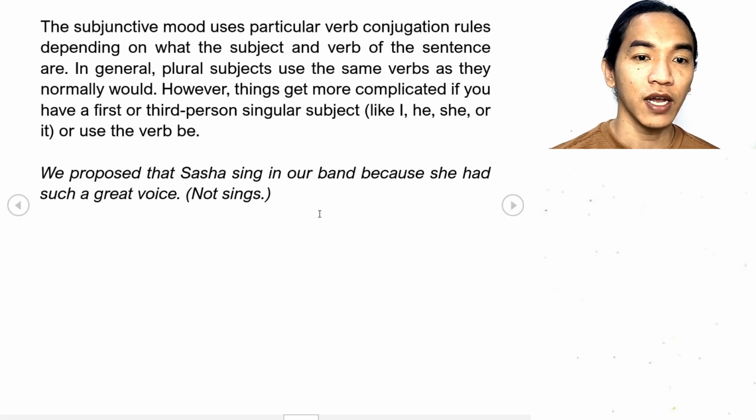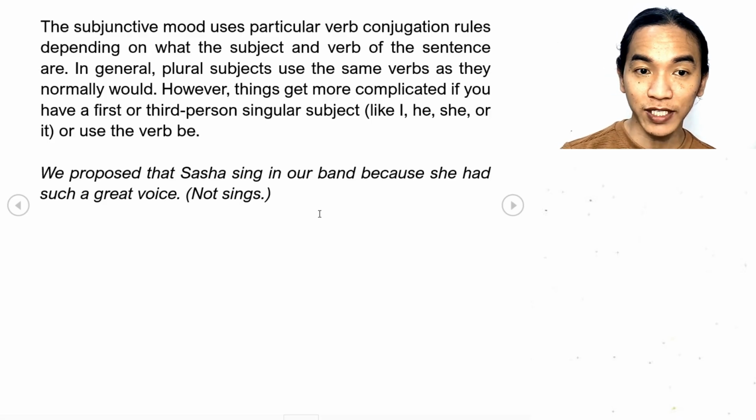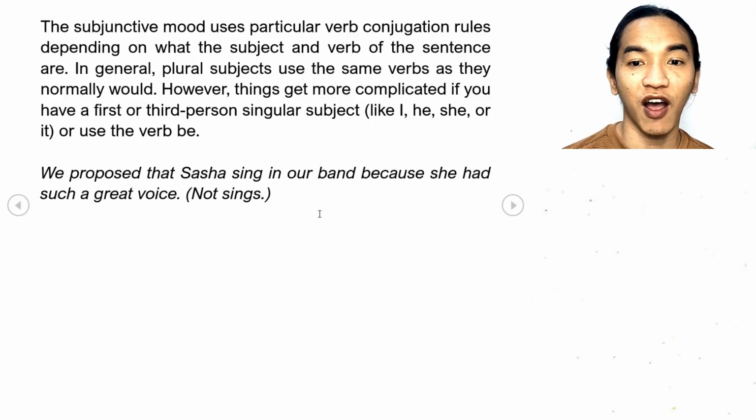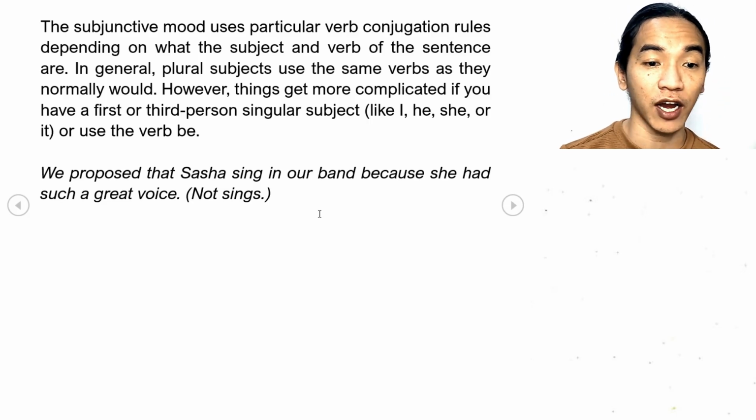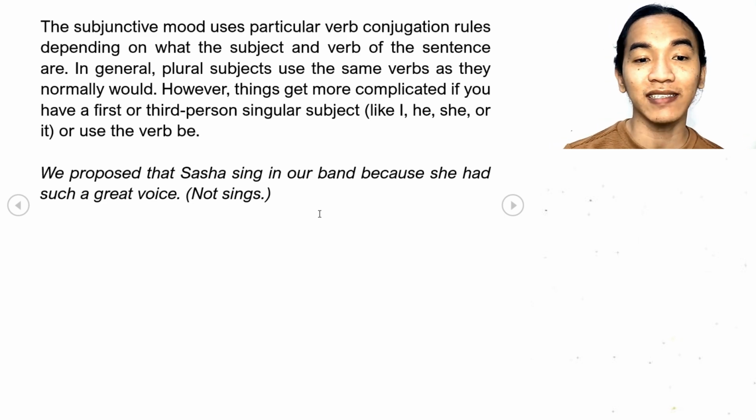It uses particular verb conjugation rules depending on the subject and the verb of the sentence. In short, it does not follow the regular subject-verb agreement. It has its own rules that we have to understand.